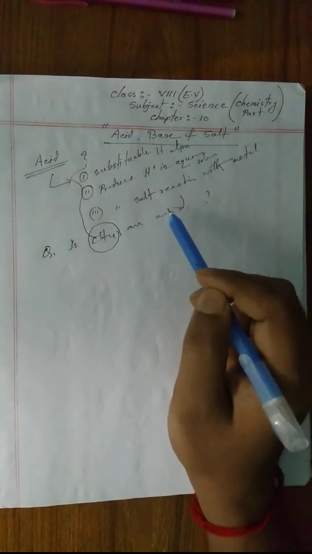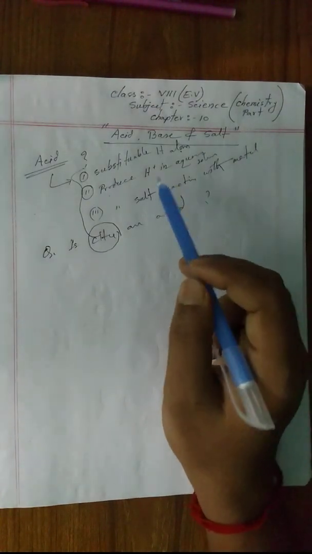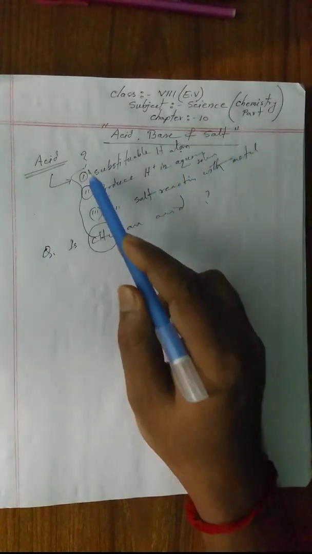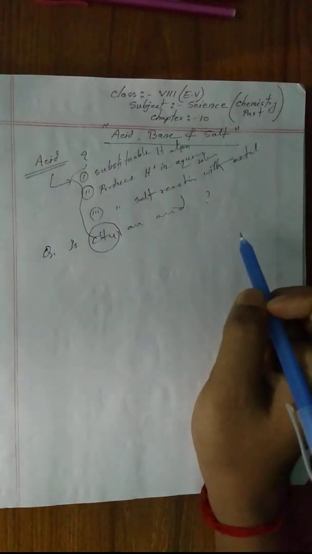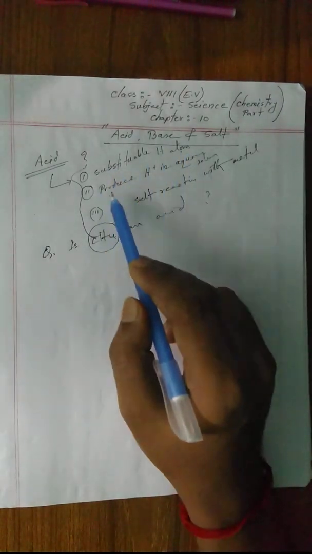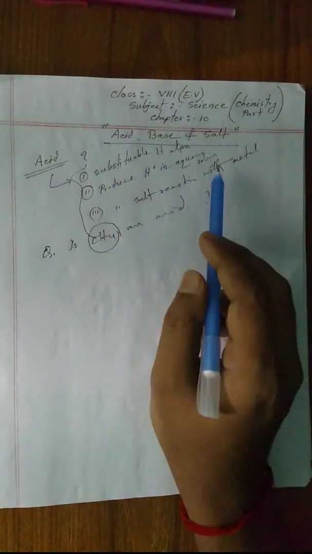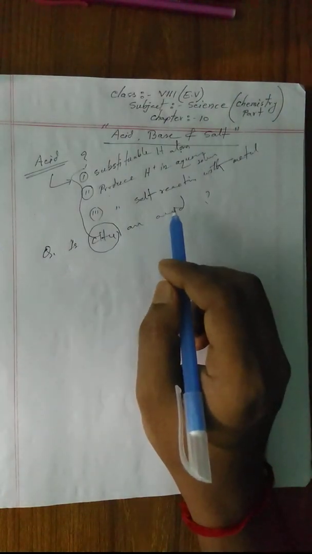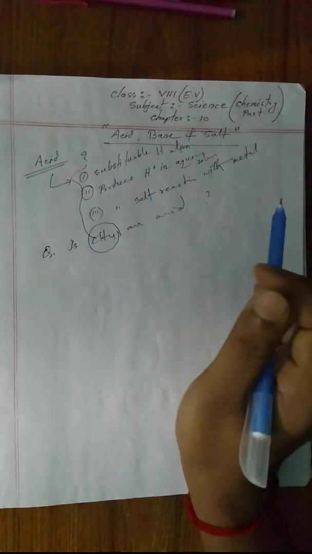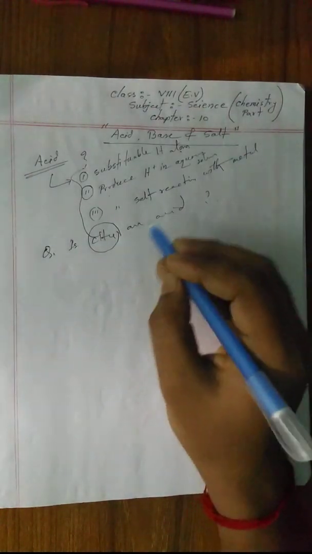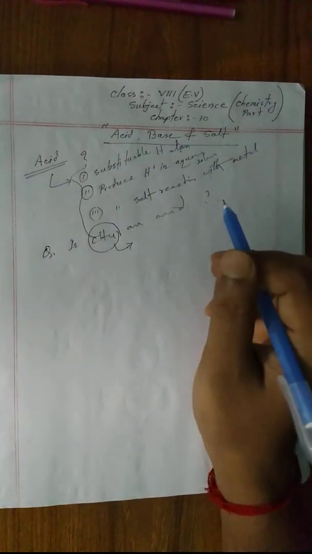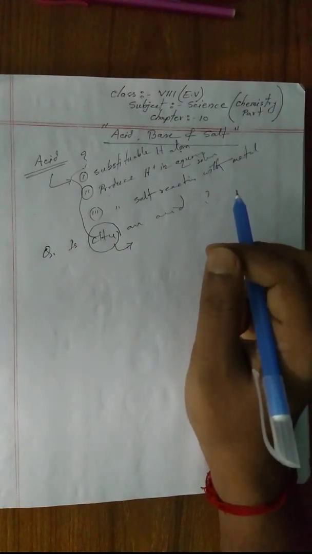To be an acid, the substance must fulfill these three conditions: a substitutable hydrogen atom, can produce hydrogen ion in aqueous solution, and can produce a salt reacting with metal. These three conditions have to be fulfilled. So that means methane is not an acid.